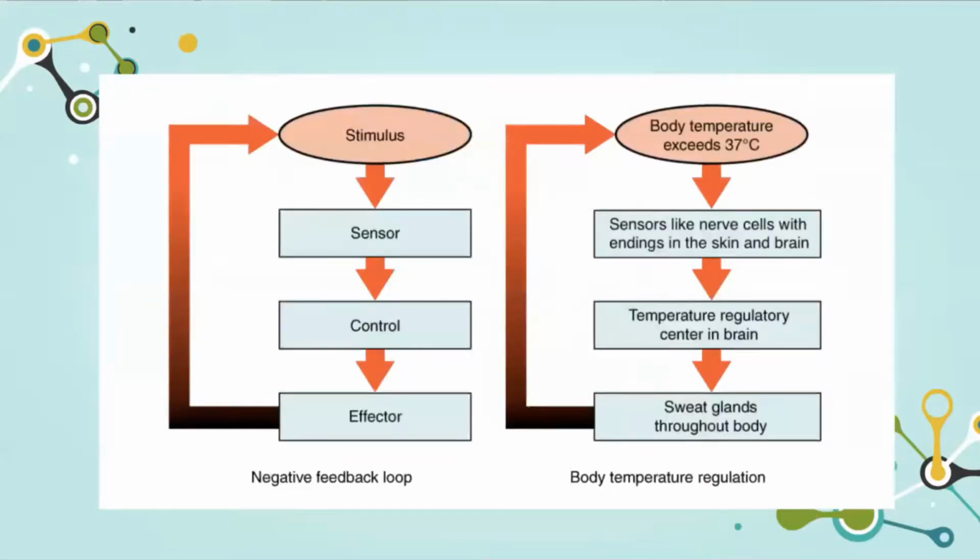This is another graphic organizer to better understand the negative feedback loop, and it includes the sensor, control, and effector, and it also gives you an example.